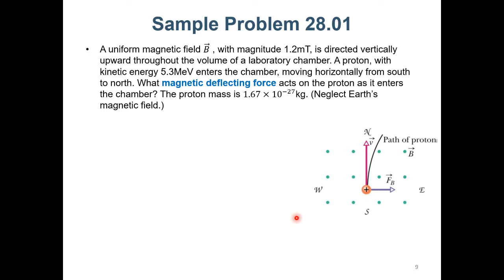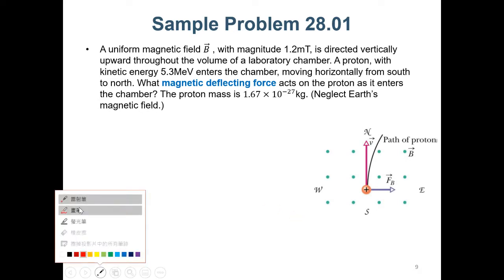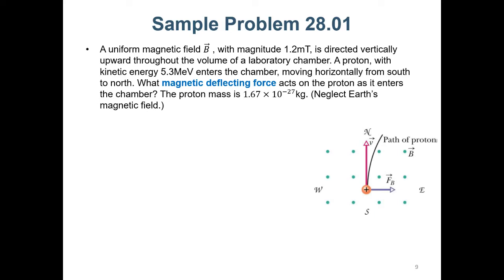Okay, here's a sample problem. A uniform magnetic field B with magnitude 1.2 millitesla is directed vertically upward through the volume of a laboratory chamber.